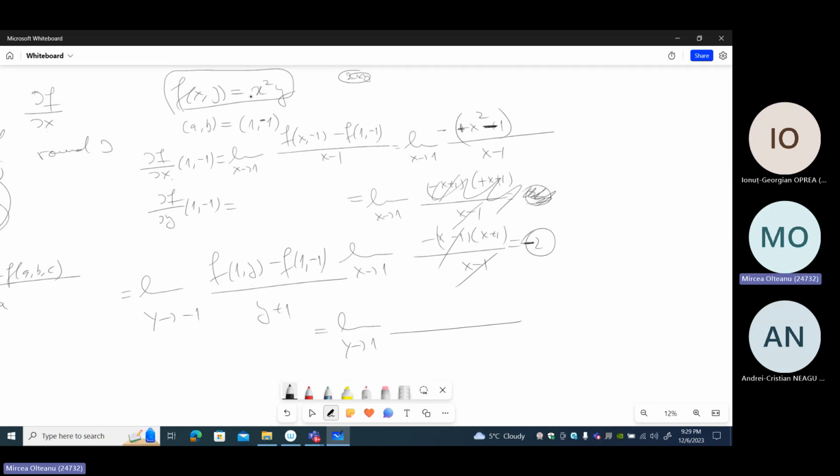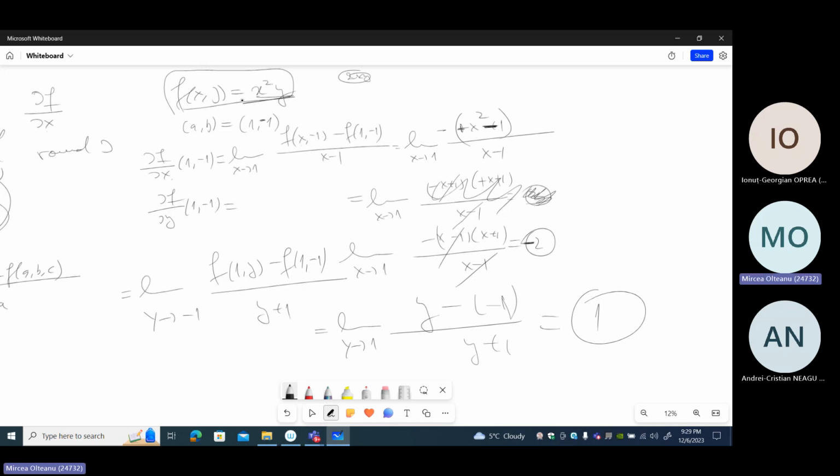It means we put here x equals 1, we get y minus f of 1, and it's minus 1. And below we have y plus 1, which gives us 1. So the partial derivative of the function f written here with respect to the variable y at the point 1, minus 1 will be 1.